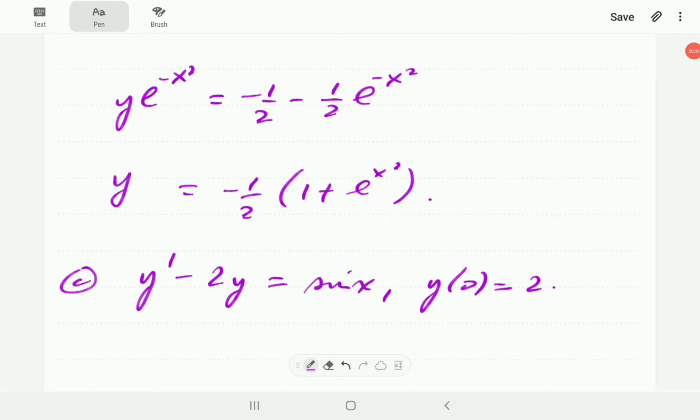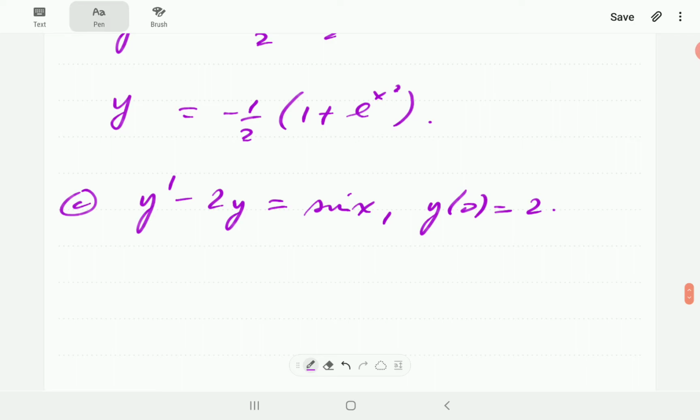So again this is in the form of equation 1. So p is -2, so the integrating factor is simply going to be e to the integral of -2 dx, going to be e to the minus 2x.